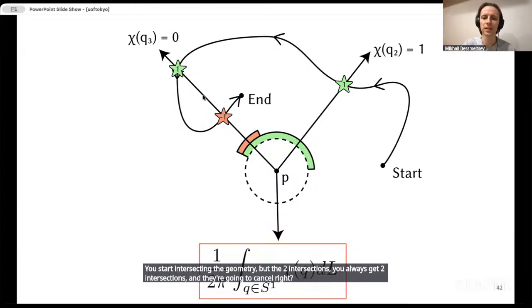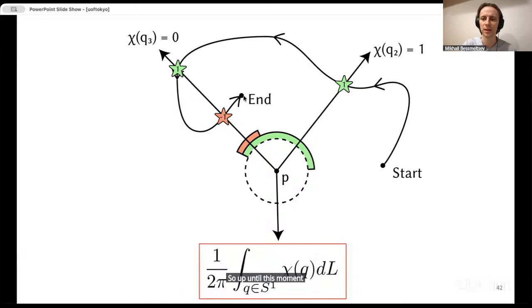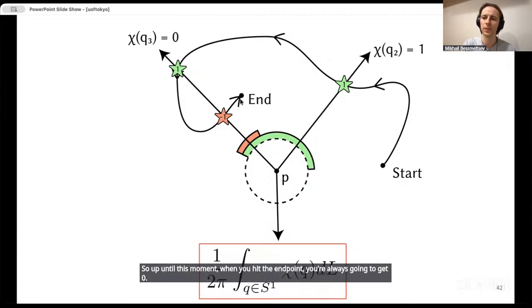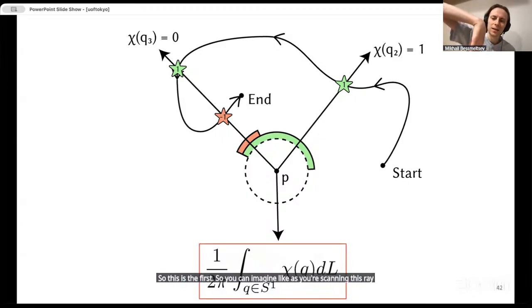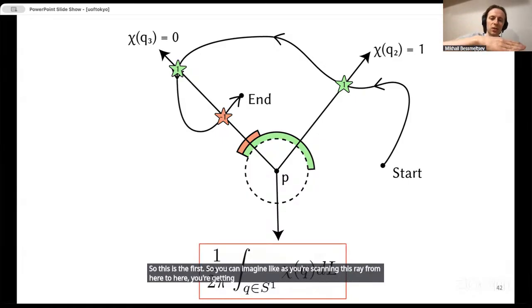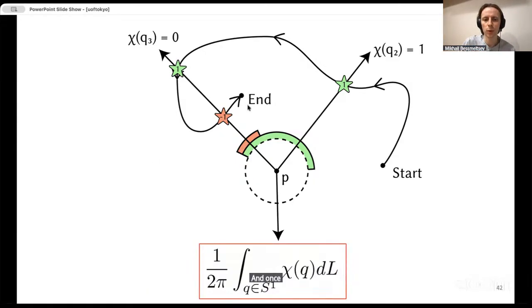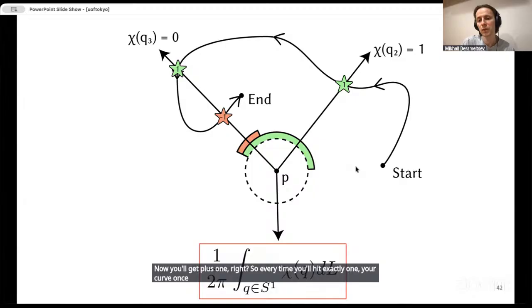So up until the moment you hit the endpoint, you're always going to get 0. As you scan this ray from here to here, you get 0 intersections, 0, 0, and then you hit an endpoint. Once you hit an endpoint with this ray, now you'll get +1. Every time you hit your curve exactly once, until you hit another endpoint, and then you get 0 again.